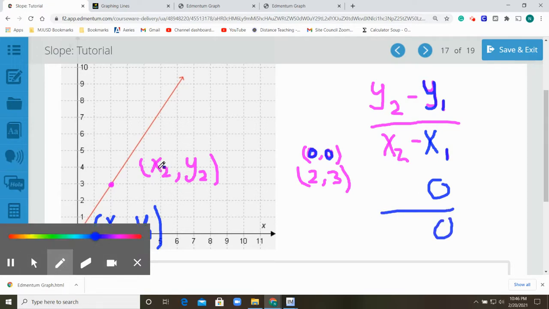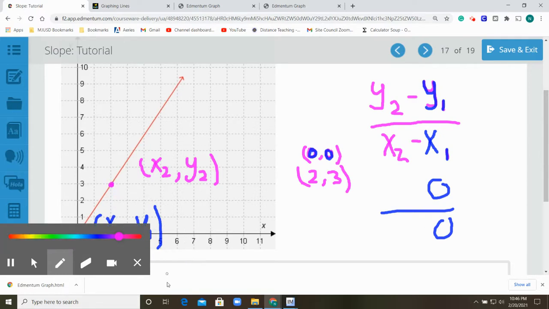And then we look at x2 and y2 as 2, 3. The x is 2 and the y is 3.